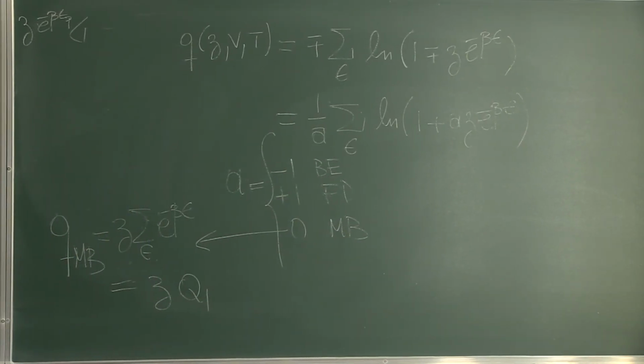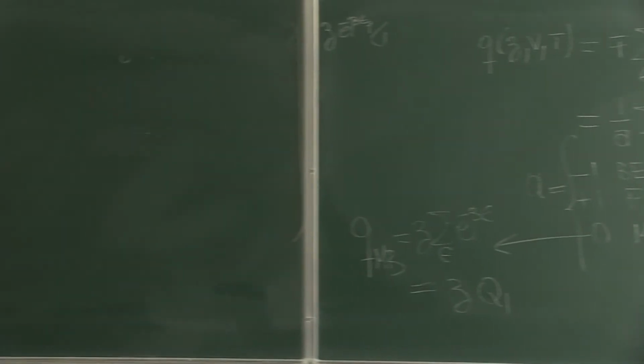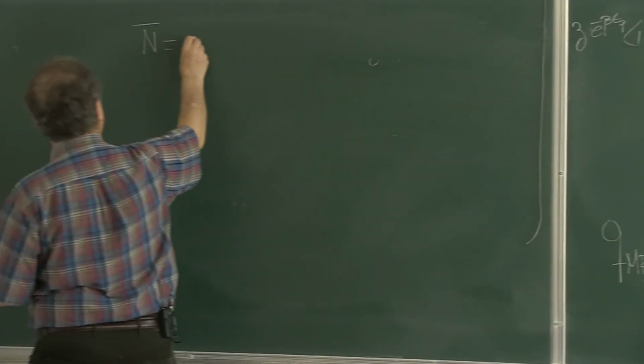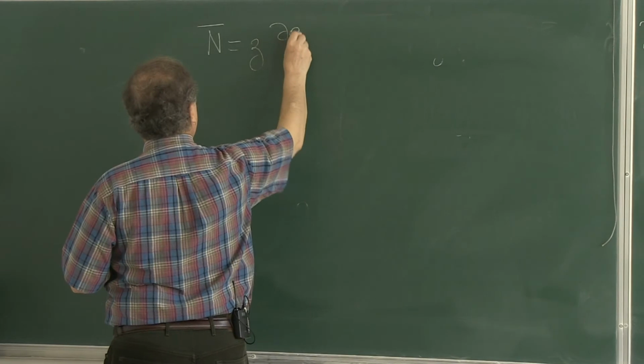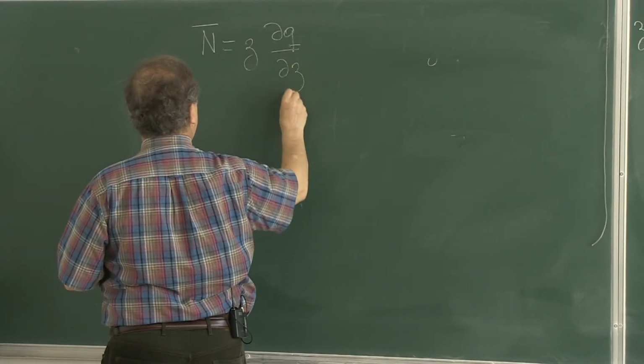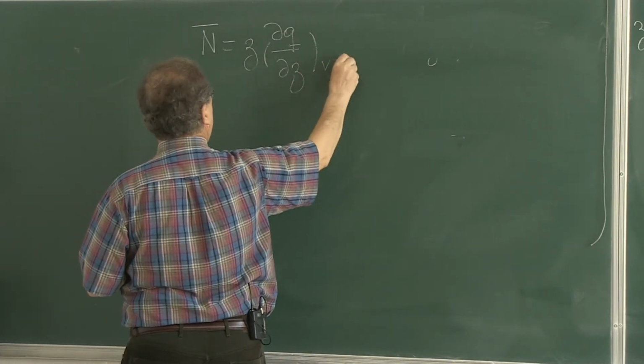Now let's go to the other quantities. If we know the Q potential, we can calculate other properties of the system. For example, the average number of particles in the system is nothing but Z del Q del Z, keeping V and T constant.